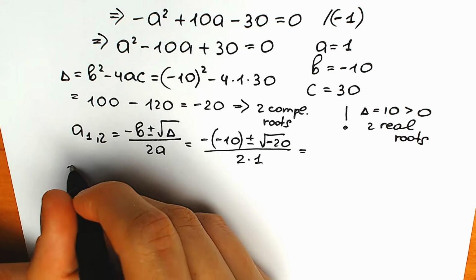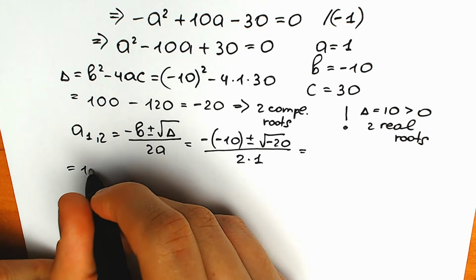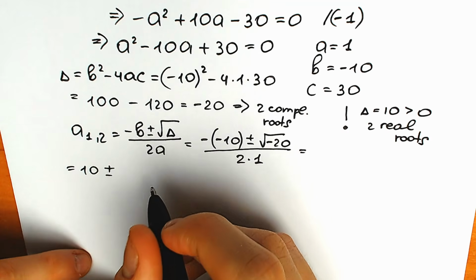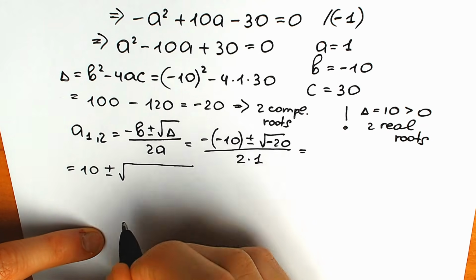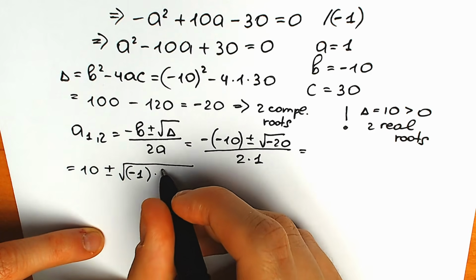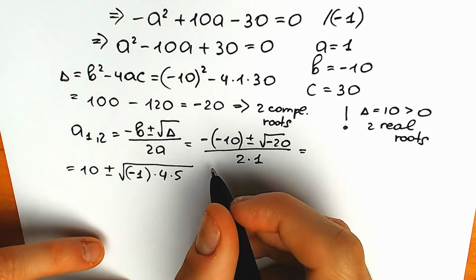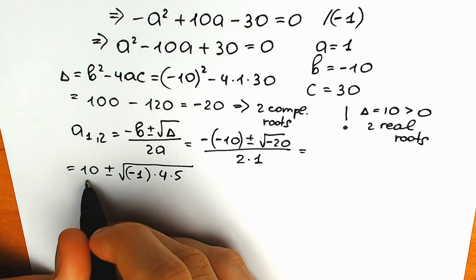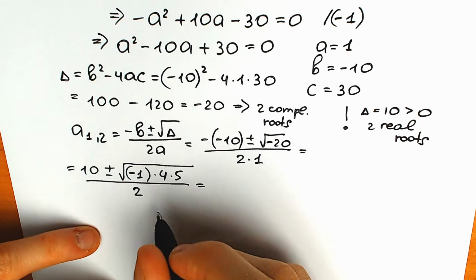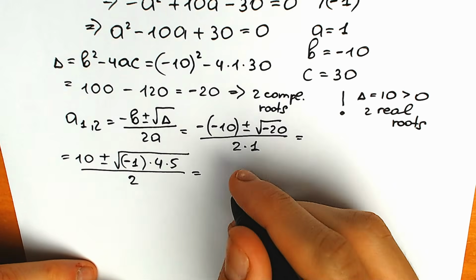What are we going to do next? This is not a table case, but my quick tip is to express it as a product. First of all, minus 1 times 4 times 5, the best way, because 2 times 10 is not good, 4 times 5 is good. This is good for us because the square root of a product equals the product of square roots.